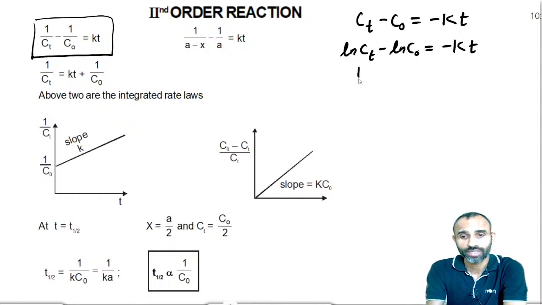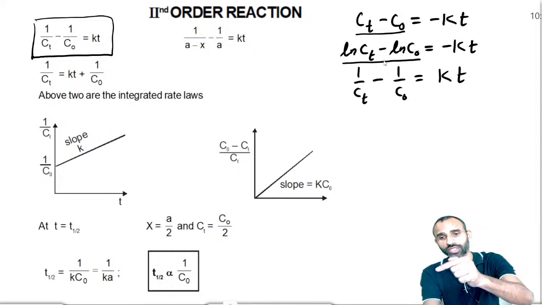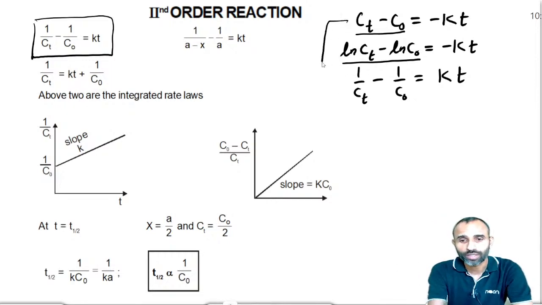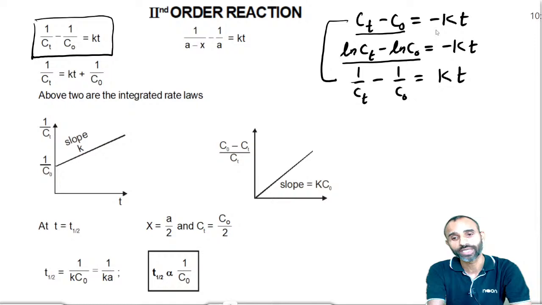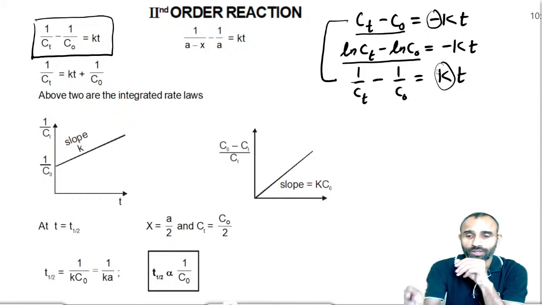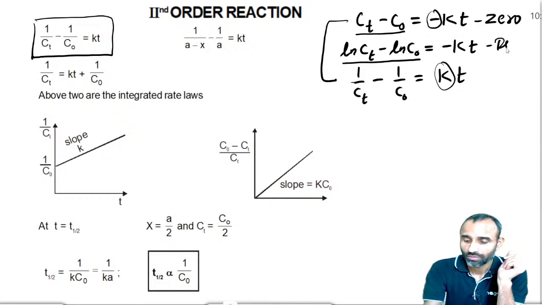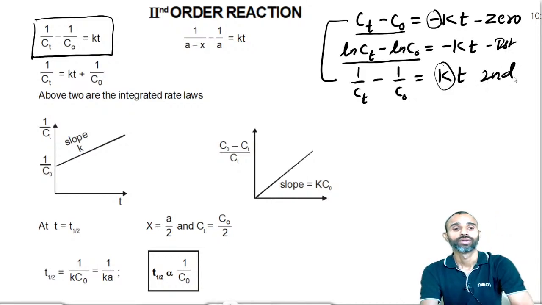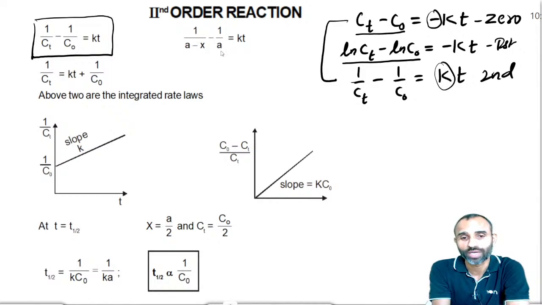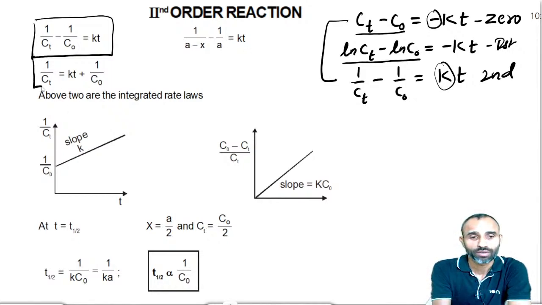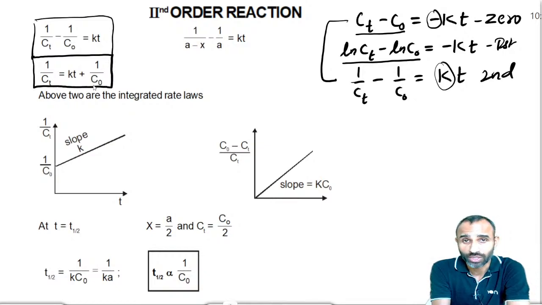For the third case, it is 1 upon Ct minus 1 upon C naught equal to Kt, because in the first two cases it was minus Kt, and here it is inverse so the sign is plus. For second order it is 1 upon A minus x minus 1 upon A equal to Kt, or 1 upon Ct equal to 1 upon C naught plus Kt.